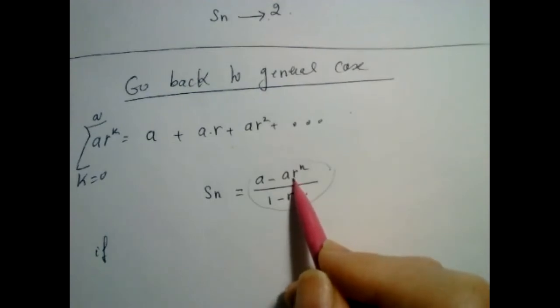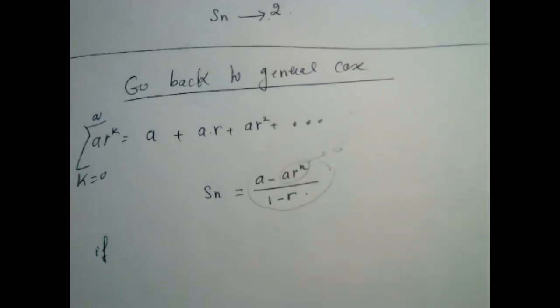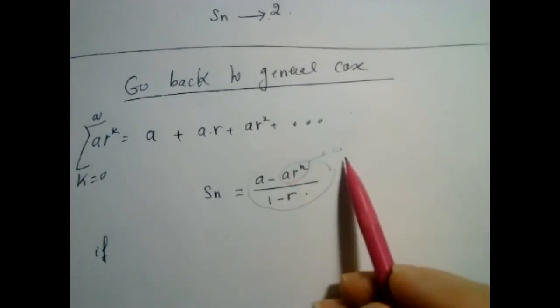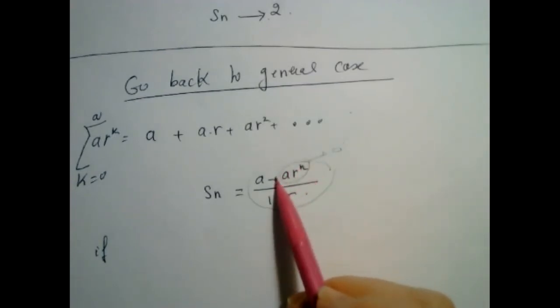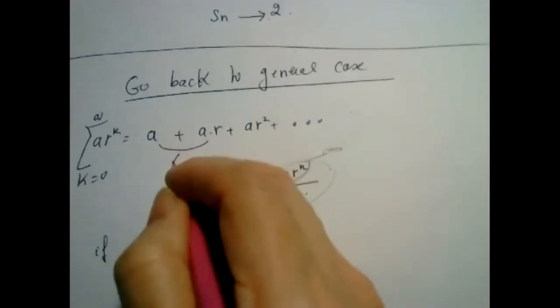If r is less than 1, when n goes to infinity, this will go to 0 and the series will converge. If r in absolute value is bigger than 1, the series will diverge because those terms don't go to 0. Those terms diverge. So the sum of the geometric series is going to depend on this ratio.